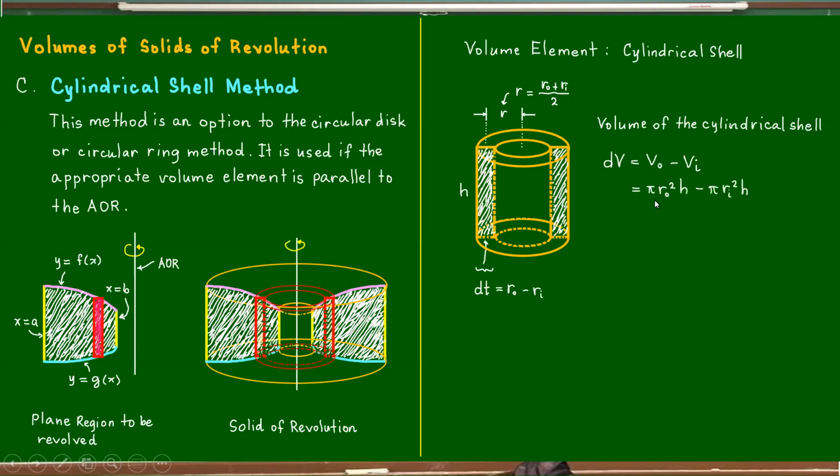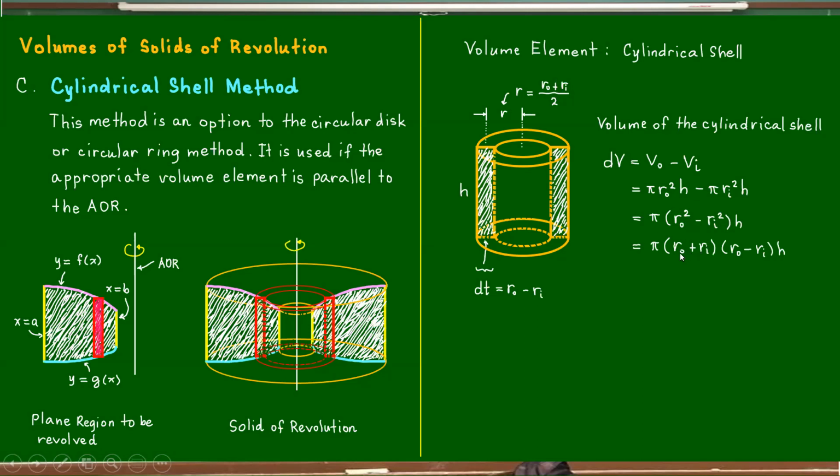So we get pi times the square of the outer radius multiplied by the height, minus, for the inner cylinder, pi multiplied by the square of the inner radius times the height. Factoring out pi, we get pi times the outer radius squared minus the inner radius squared, multiplied by the height h.